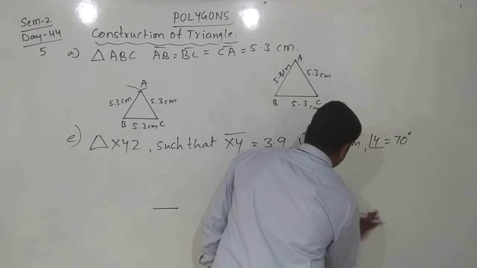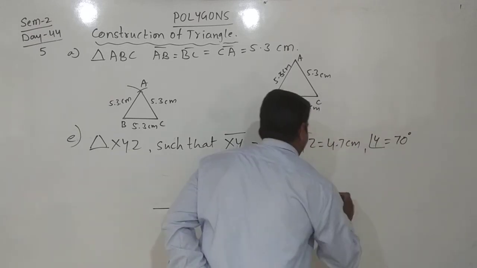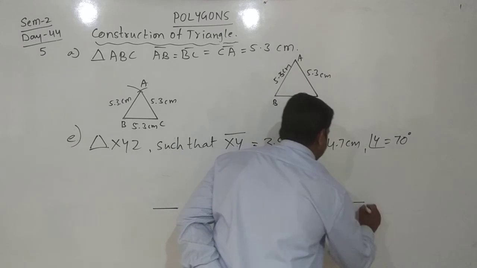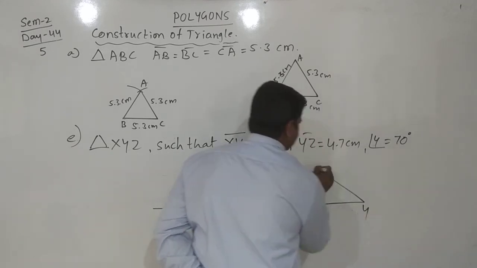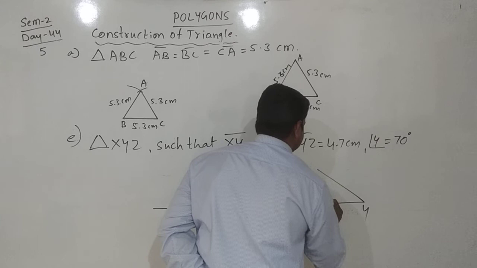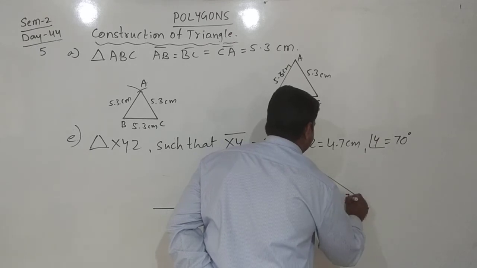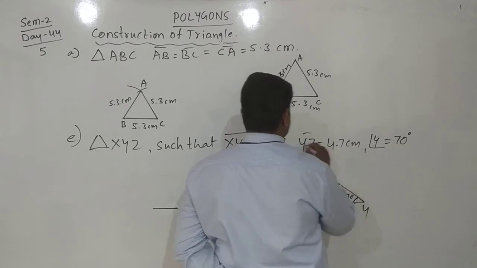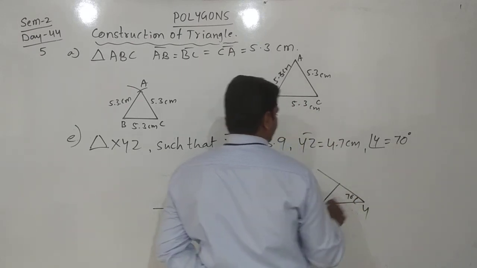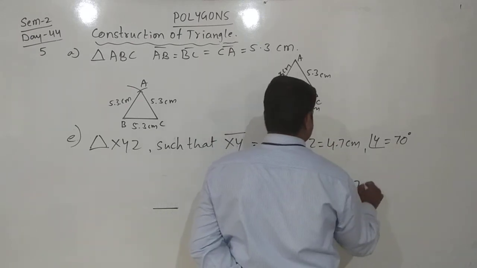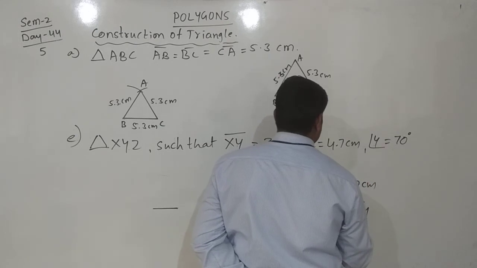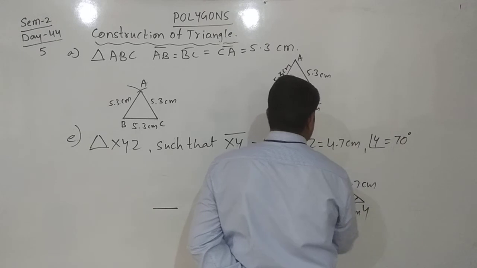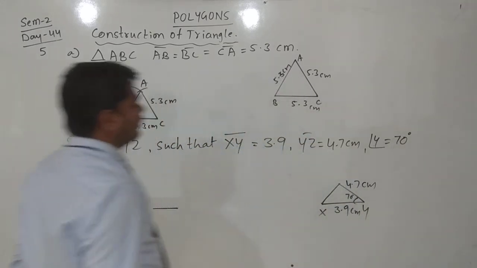Yes, the rough diagram. X, Y, 70 degree at Y, Z, this is YZ is 4.7 centimeter, and 3.9 centimeter. Like this rough diagram we can have.